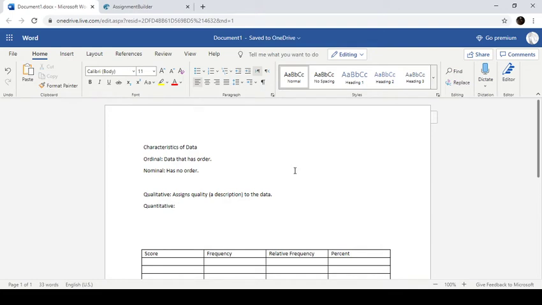It is data that has quantity expressed through it. So if we counted the buttons on those shirts instead, the number of buttons would be quantitative. It's a quantity.